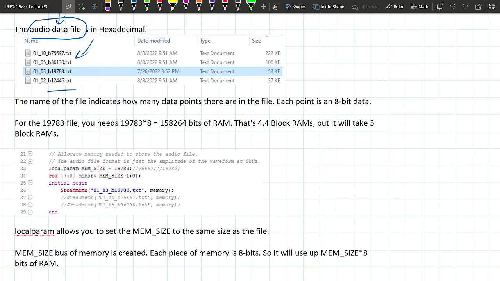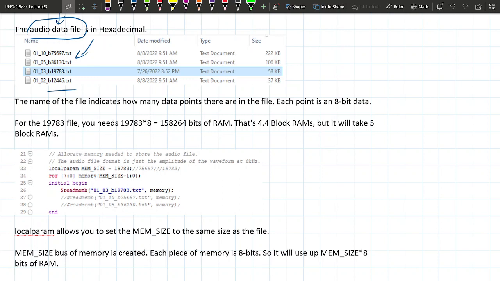This function is called readmemh. The reason it's called H is because all this data file has to be in hexadecimal. Don't ask me why, but that's the way they wrote it.